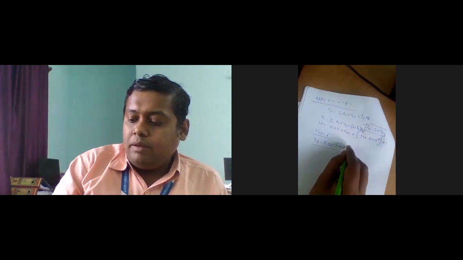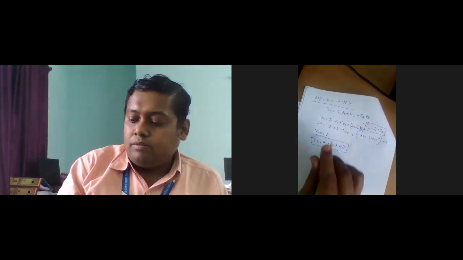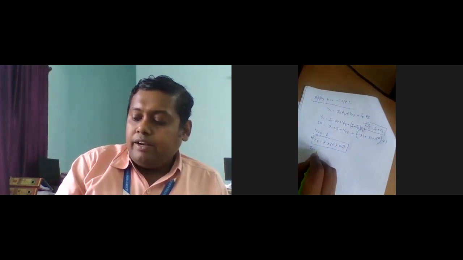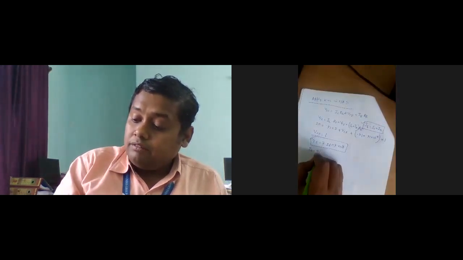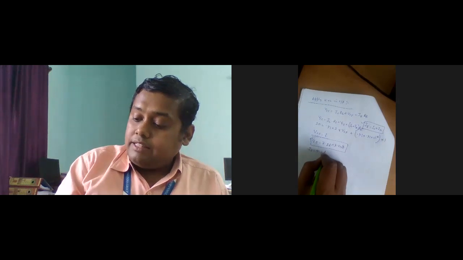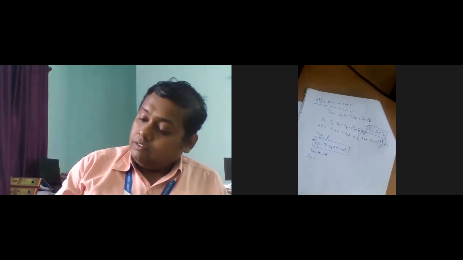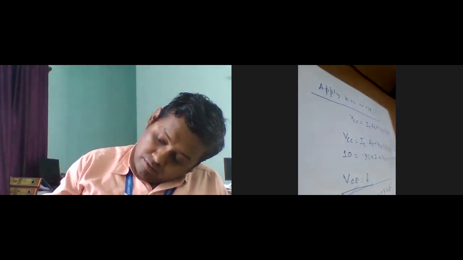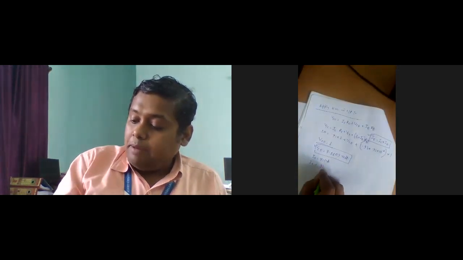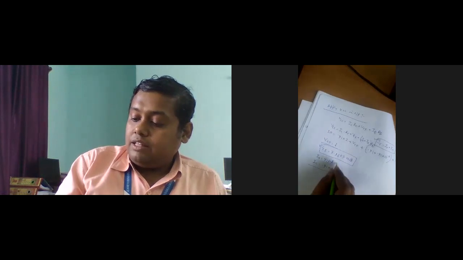So this is the value, maybe, of the collector to emitter voltage drop. So IB is equal to 9.1 microampere. IC is equal to 0.91 milliampere. So these are the values.